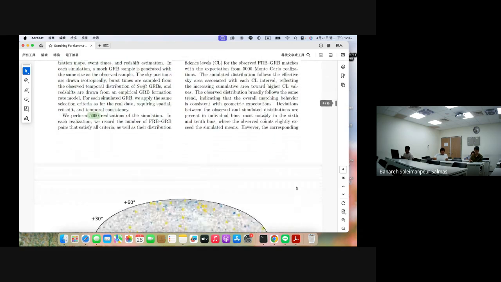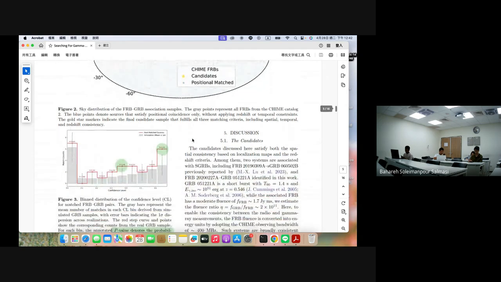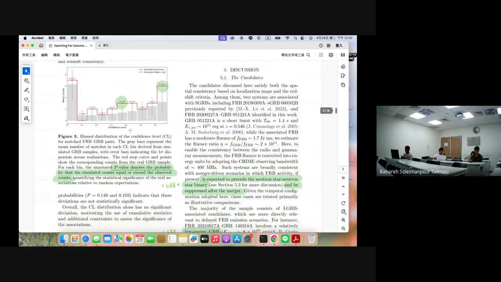This is the sky distribution for the FRBs and gamma ray bursts. The gray dots are the Chinese FRBs, the blue ones are the gamma ray bursts, and the yellow ones are the candidate pairs. I also ran the simulation.